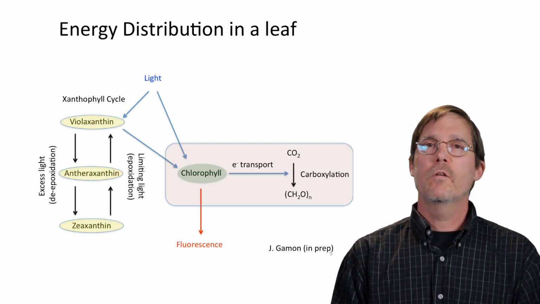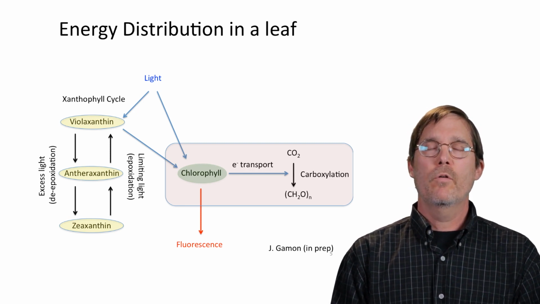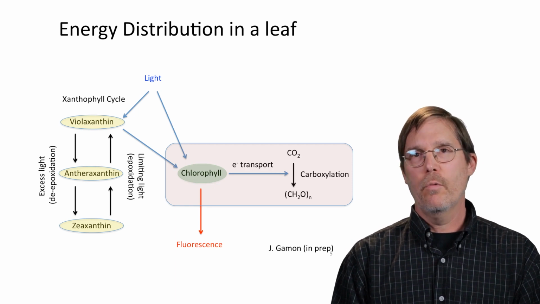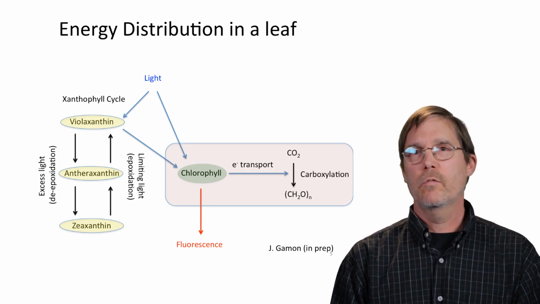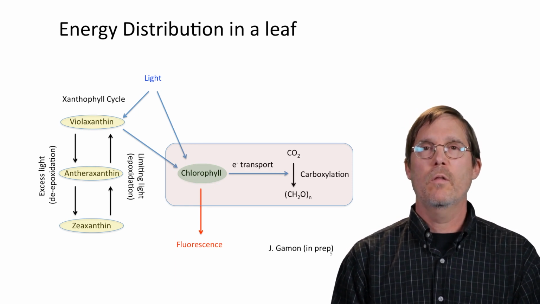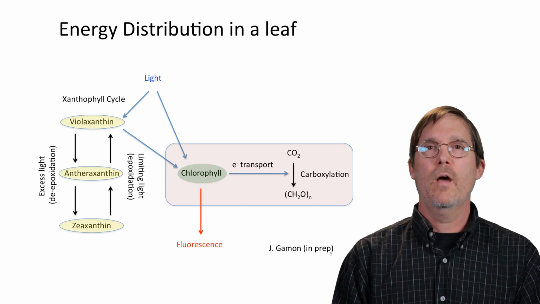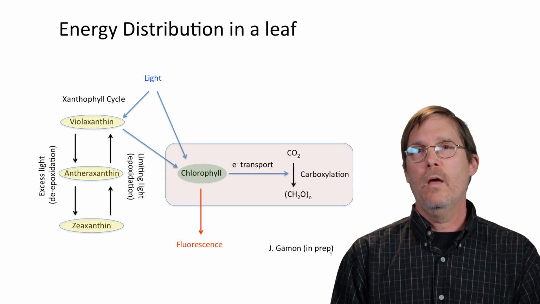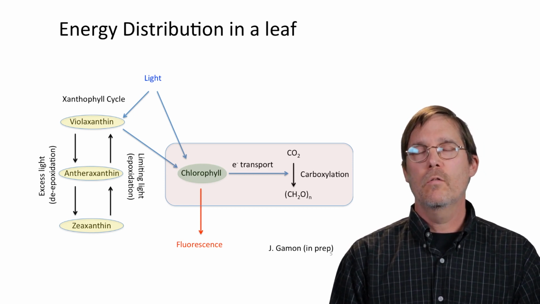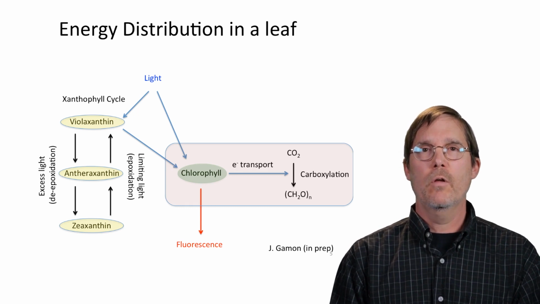If there are conditions of stress and photosynthesis slows down, for example, the stomates close, or there is water stress, temperature stress, or nutrient stress, and the plant cannot function fully, its photosynthetic system is reduced in activity. Then the plant has to find a way to get rid of the extra energy if it's out in high sunlight.